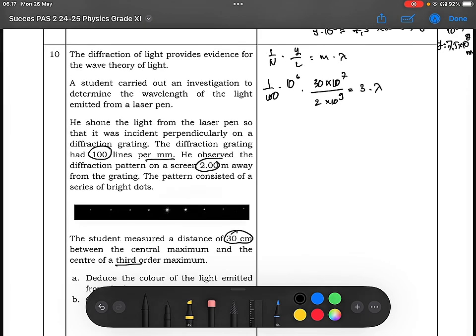Okay, 30 times 10 to the 13, and the bottom 200, 300.